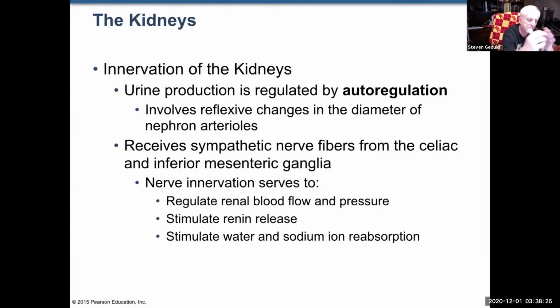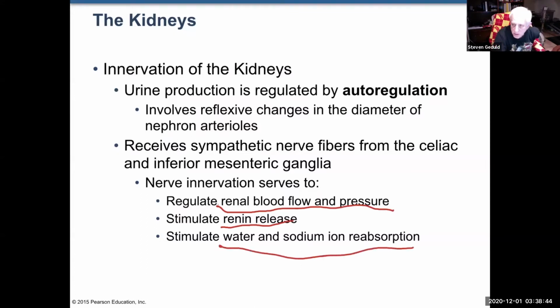Remember your fight or flight response, your parasympathetic and your sympathetic. The nerve innervation regulates renal blood flow and pressure, and stimulates renin release. Renin controls your blood pressure and stimulates water and sodium reabsorption, so you do not dehydrate and you maintain your ion balance.